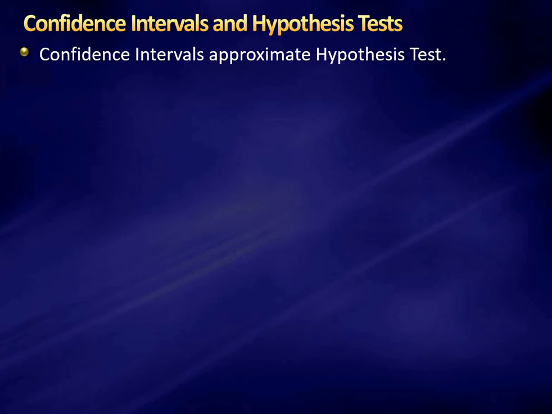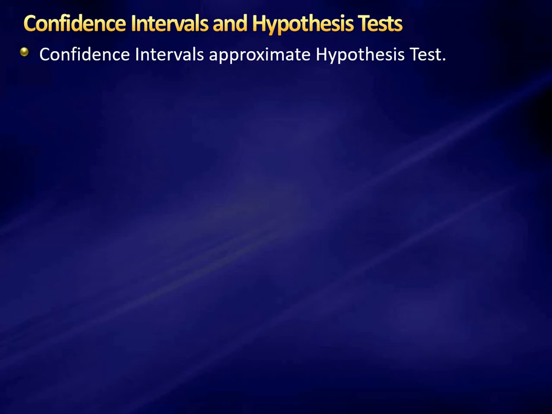A hypothesis test is based on the parameter, the population parameter. What we're saying is, for a confidence interval, I'm starting with my sample. Does the hypothesis match it? Whereas with a hypothesis test, I'm starting with the parameter. Does the sample match it? Do you see how they're going two different directions? Where you start and where you end up.